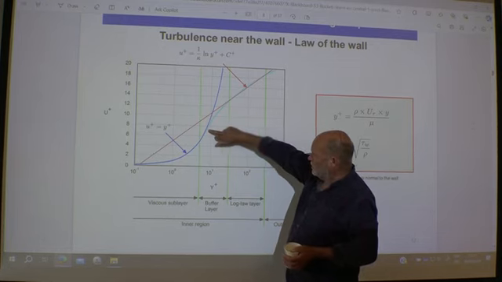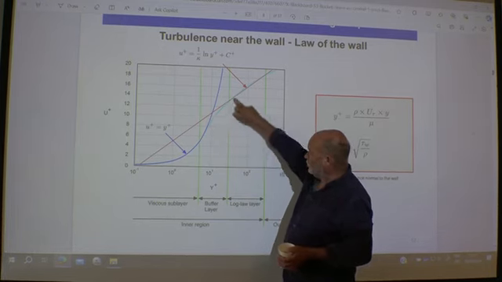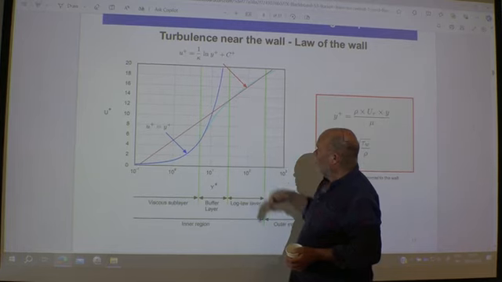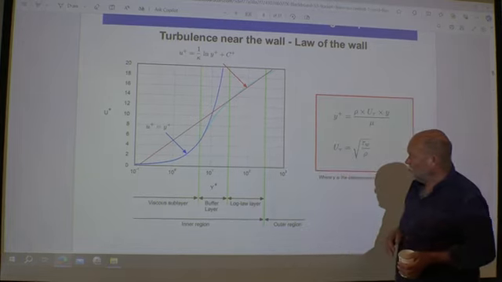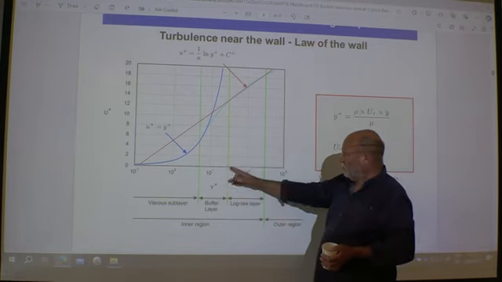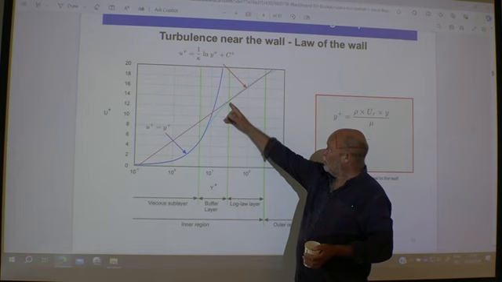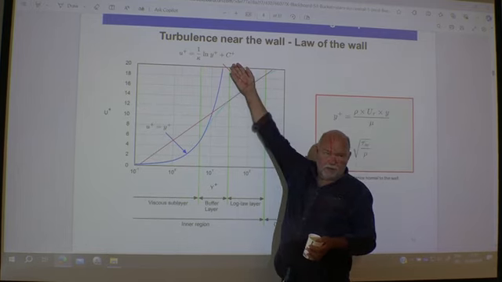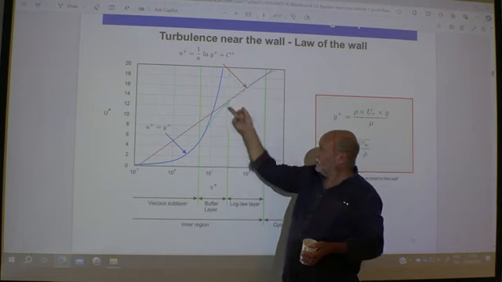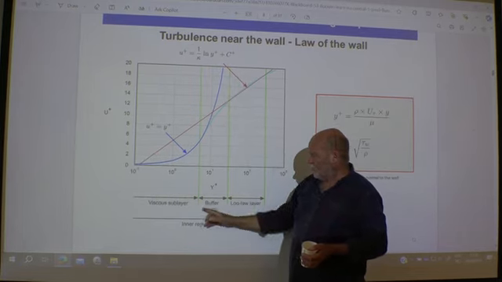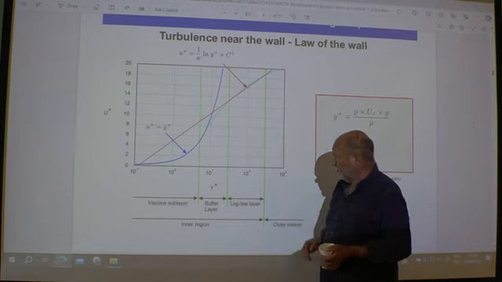And then this light blue here, you have to try to patch these two solutions, because here you have to be above 30 or so before this equation applies. So in between, you have a buffer layer, they call it.